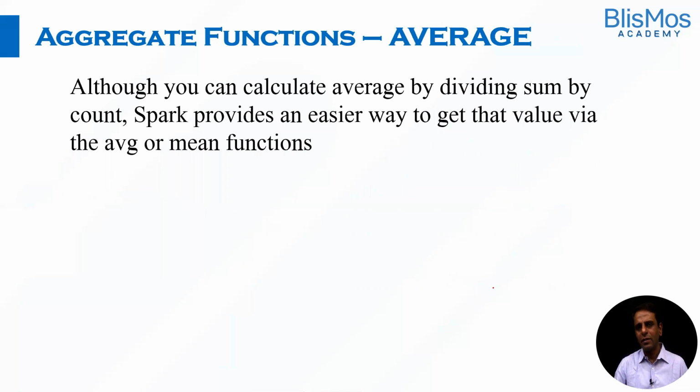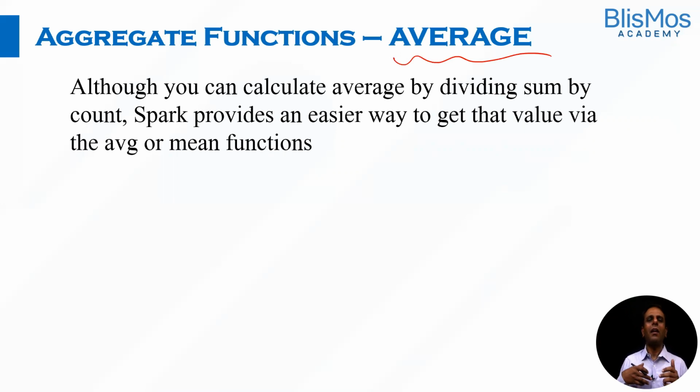The next function is average. We have already seen sum and you have already seen the count. How do we calculate the average? By dividing the sum by the count. Even though we can do that, Spark has provided the average function. That way, you need not go ahead and calculate the sum of the values, then divide it by the count and try to get the average.